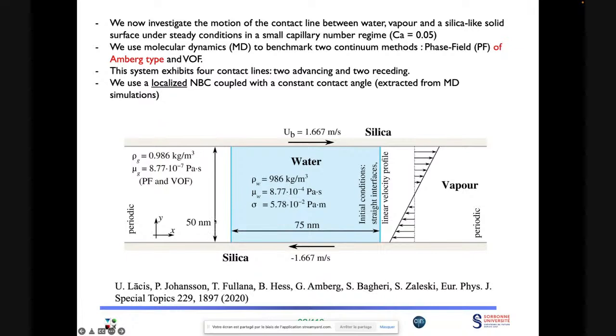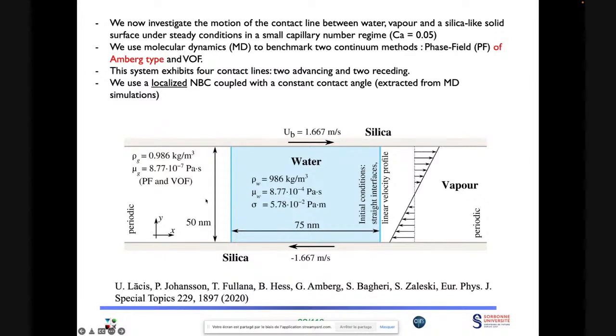So now the height has gone from 3 centimeters to 50 nanometers. It's a radical change. We have relatively small capillary numbers, and we use molecular dynamics to serve as a virtual experiment, and we compare it to 2 types of continuum mechanics method, the phase field methods of Hamburg and the volume of fluid as before.